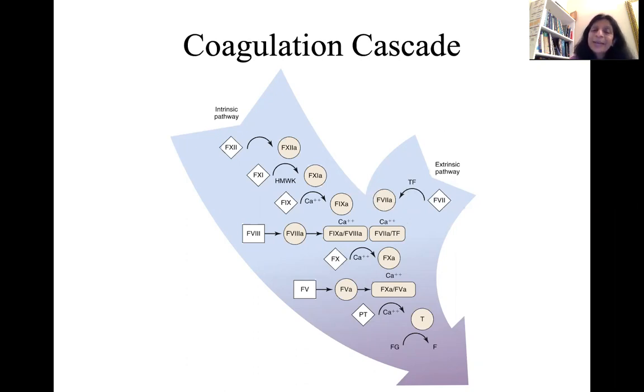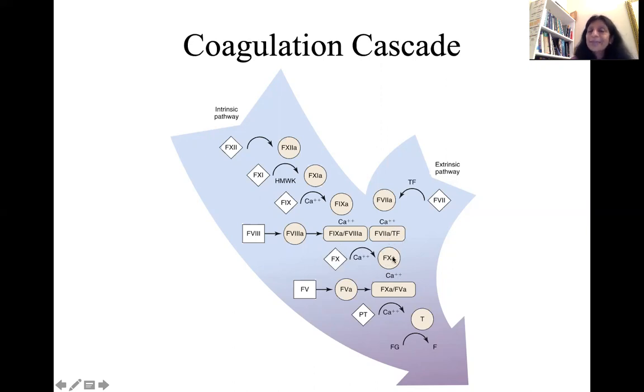All right, so now the two together, factor 7 and tissue factor, in the presence of calcium, would target factor 10. Factor 10 that was in its inactive state is now activated in the presence of this complex, that is factor 7a, tissue factor, and some calcium.